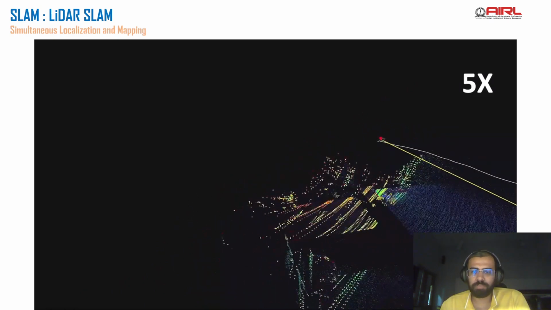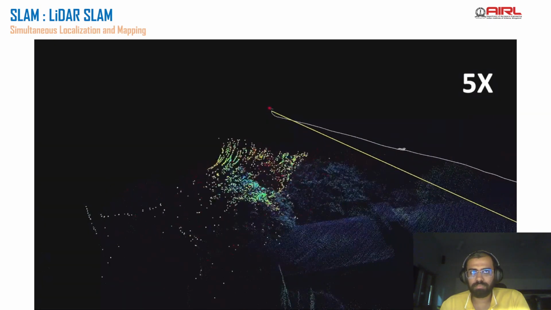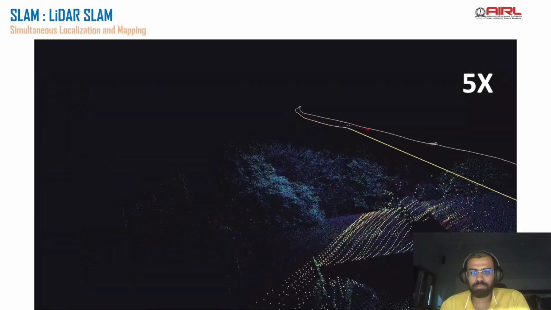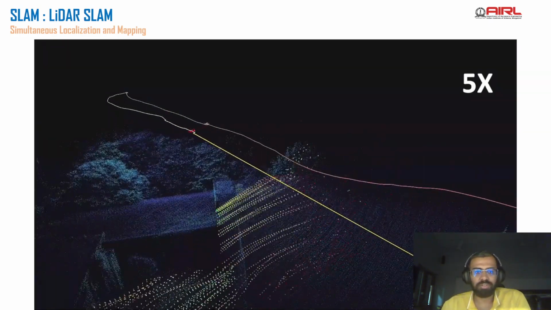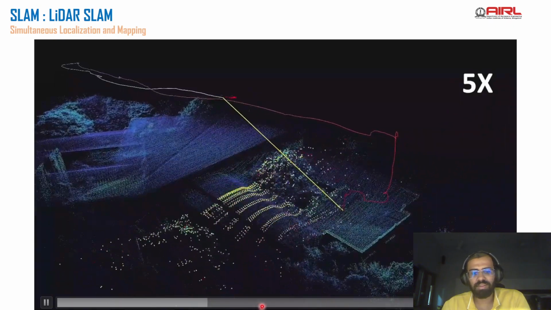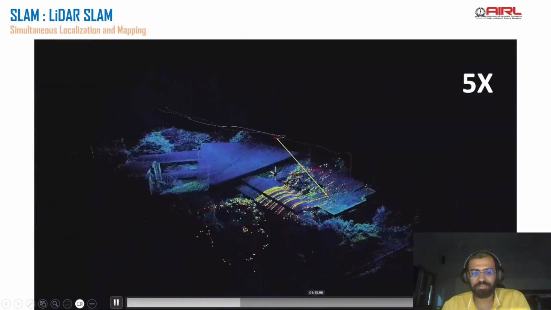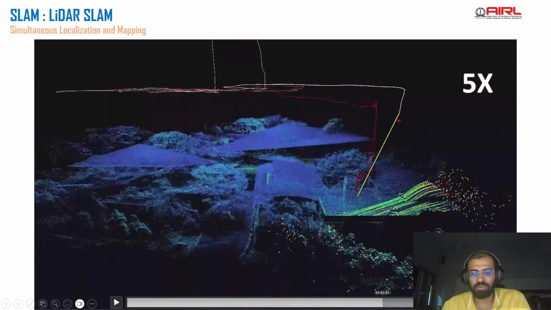This is running at 5x speed again. You can see the trees being covered and it's beautiful how well, once the method starts working, it does work, right? Just fast forward it a bit.